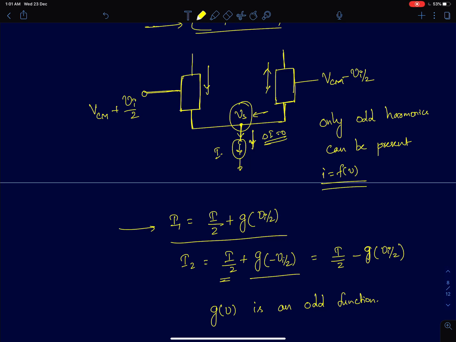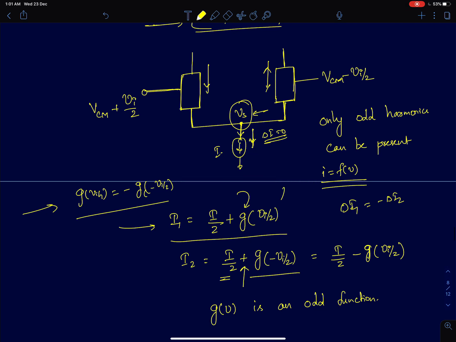Now here, using this condition delta I1 should be equal to minus of delta I2, if I write a plus sign here, from that I can directly say that G of Vi by 2 should be equal to minus of G of minus Vi by 2, which means G of x is an odd function.